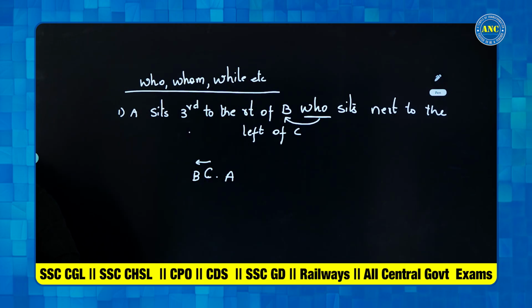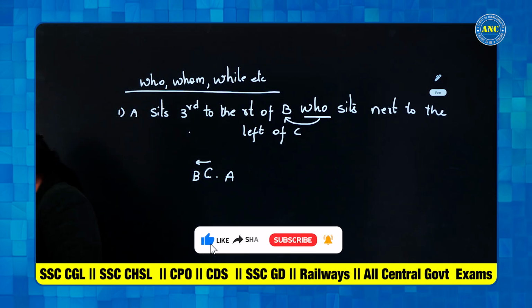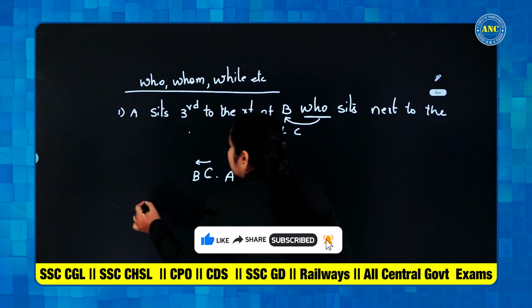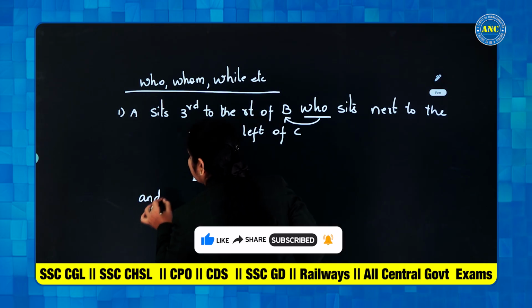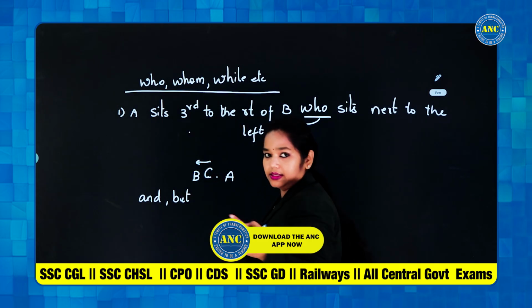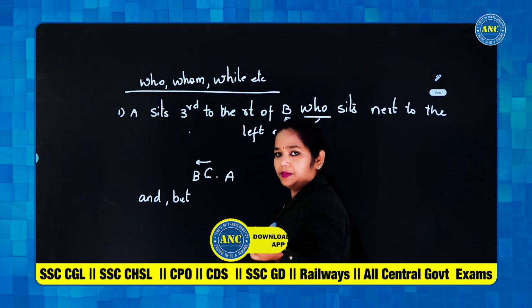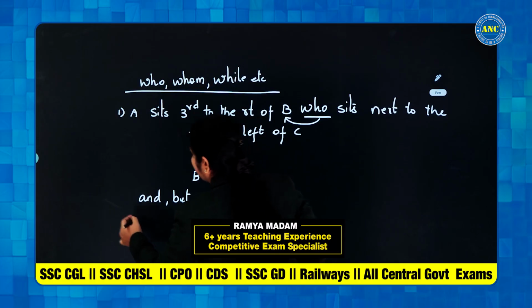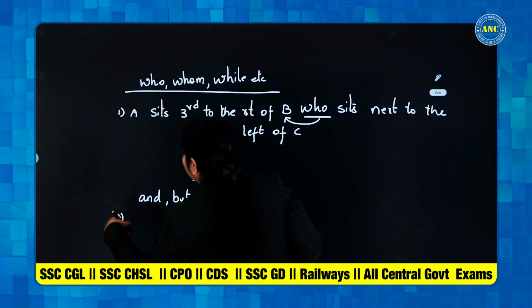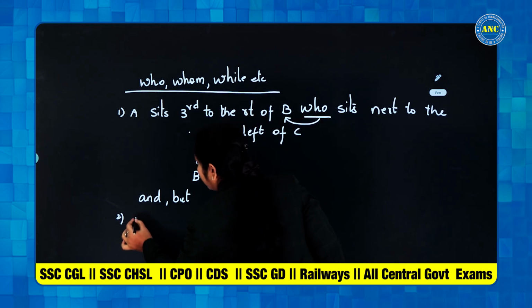Clear? Next thing, if they have words like and, but, even while solving the passage we will see. Then what happens? Same thing.